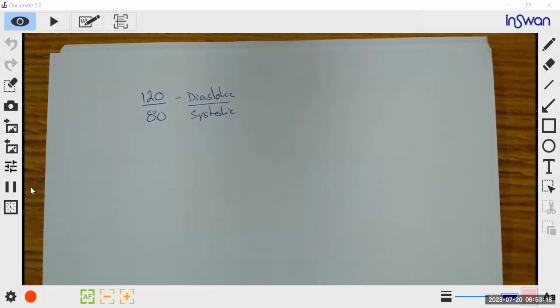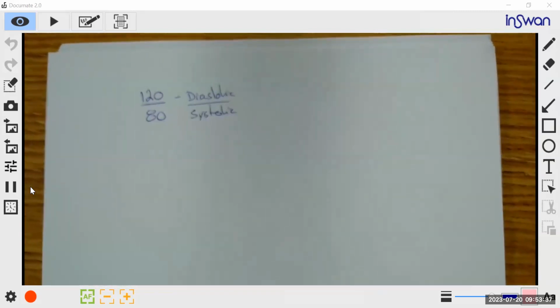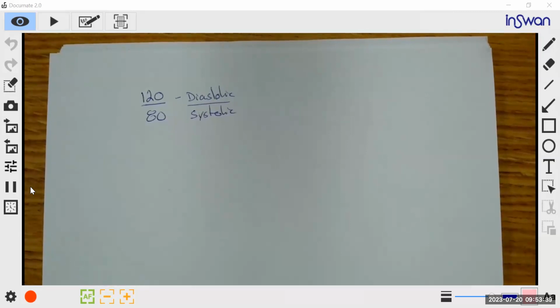What they're doing is, as they release air slowly, they're waiting to see when the first time they hear a pulse. That's when the vein is open wide enough so blood can start going through. That's the first number. Then they keep on loosening it until they can't hear that anymore.